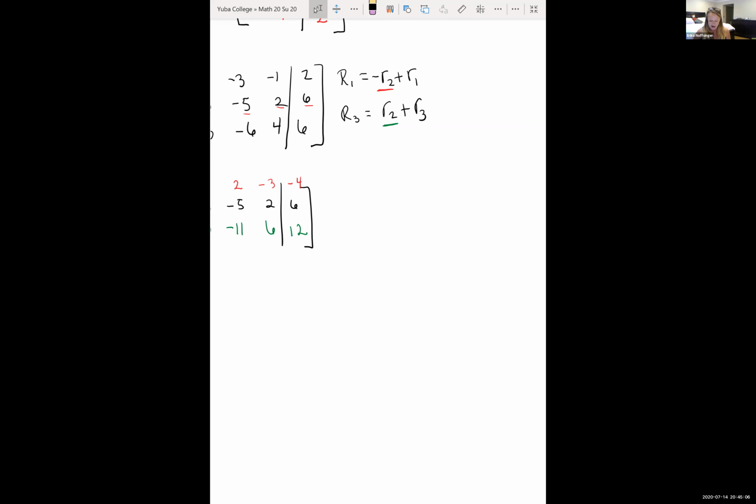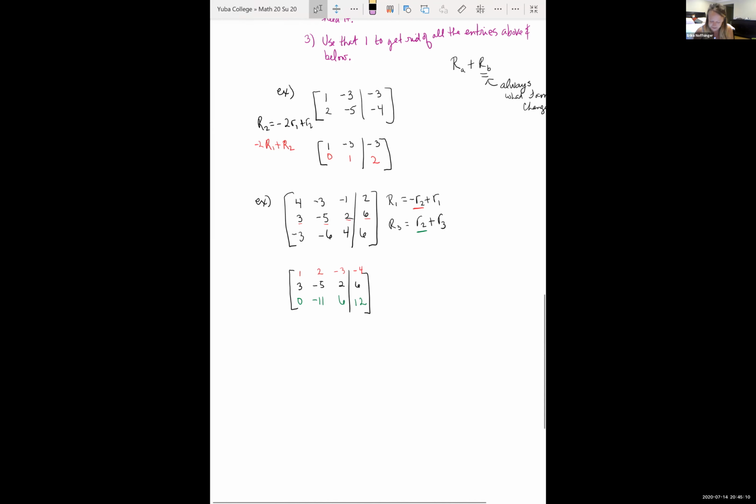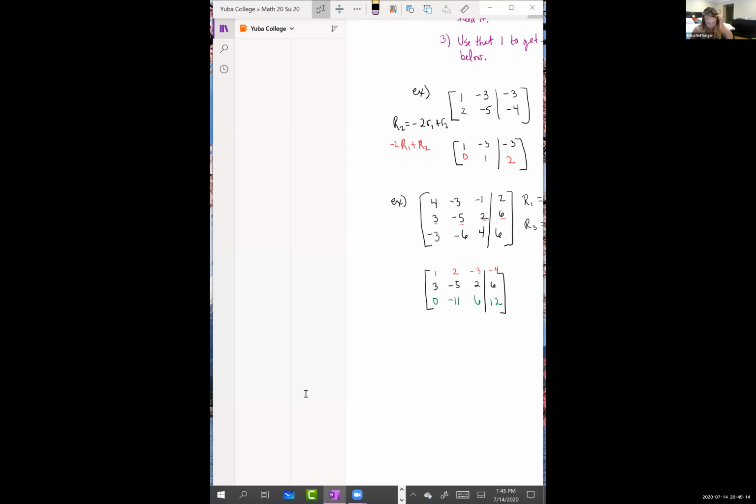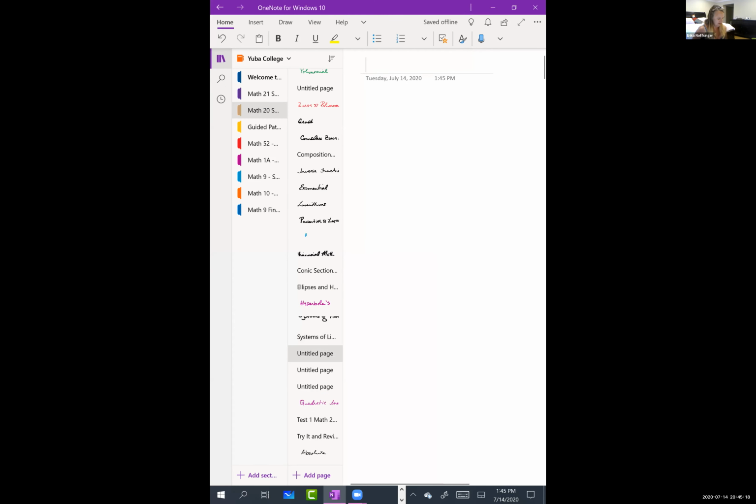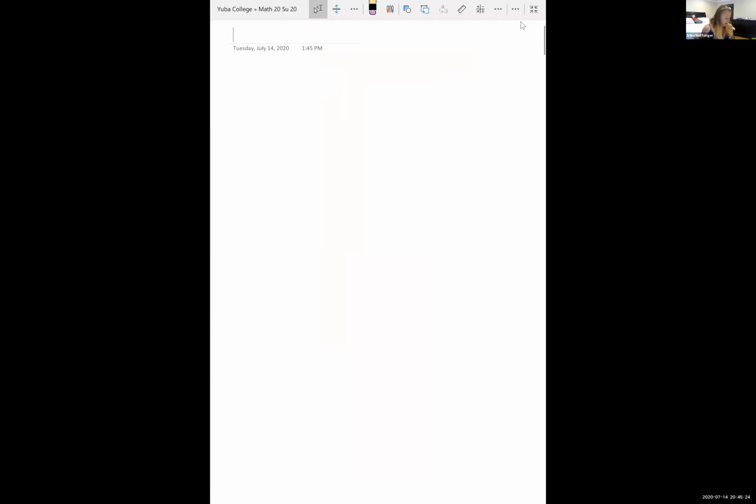Yay. Okay, so let's look at an example. I'm going to grab one more page just because things are getting all small. So we're given the following.